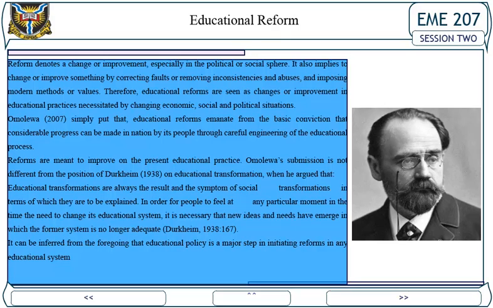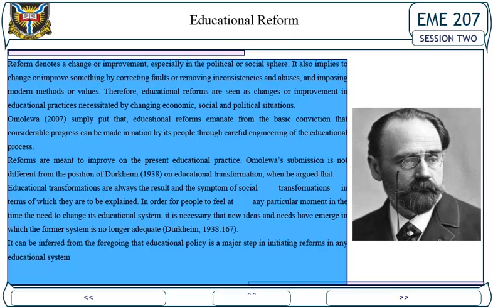Omolewa's submission is not different from the position of Duncan, 1938, on educational transformation, when he argued that educational transformations are always the result and the symptoms of social transformations in terms of which they are to be explained.